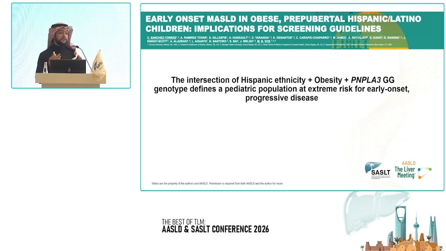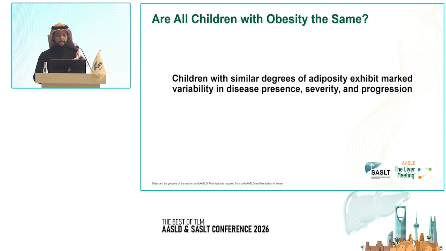So we conclude in this study that the interaction of Hispanic Latino ethnicity plus obesity plus this genotype defines the pediatric population at extreme risk to develop MASLD. It means we have to screen certain types of kids at an earlier stage so they can benefit from early intervention, either pharmacological or non-pharmacological.